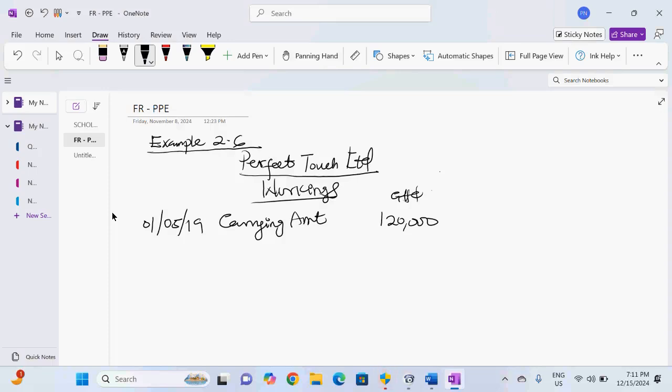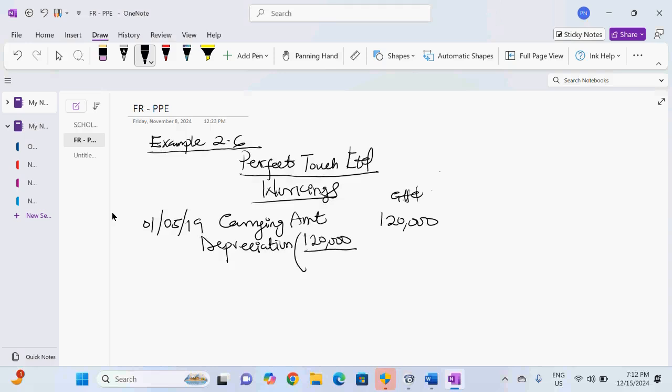So then we can compute our depreciation. What will be the depreciation? Depreciation is cost minus scrap value. Do you have any scrap value here? No scrap value.